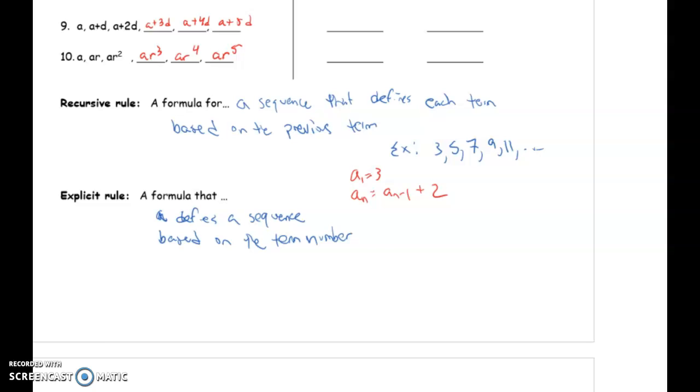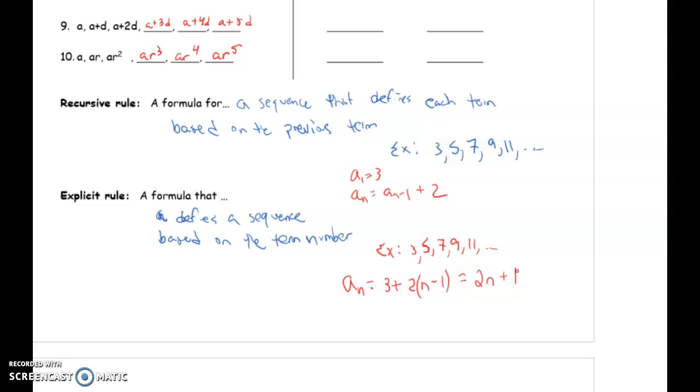So let's go back to that same sequence, 3, 5, 7, 9, and so on. In this case, I can say that the nth term is equal to 3 plus 2 times n minus 1. Or equivalently, I can say that this is equal to 2n plus 1.